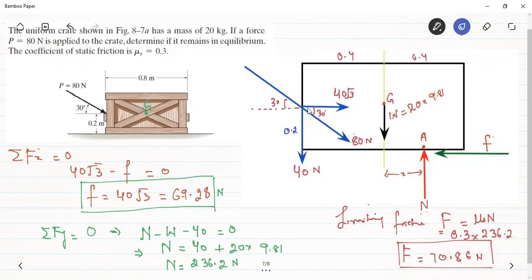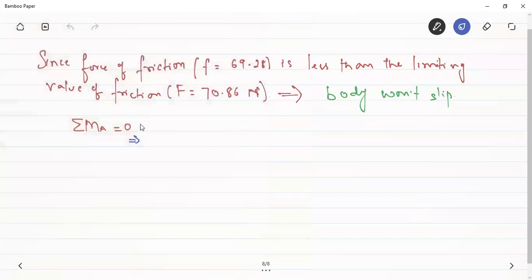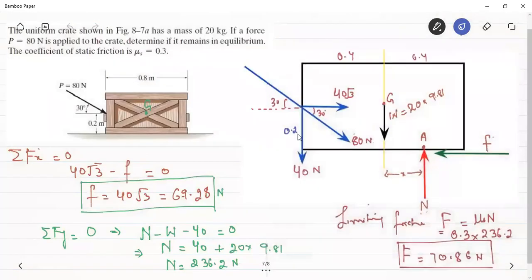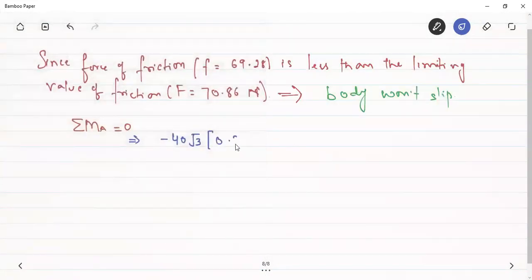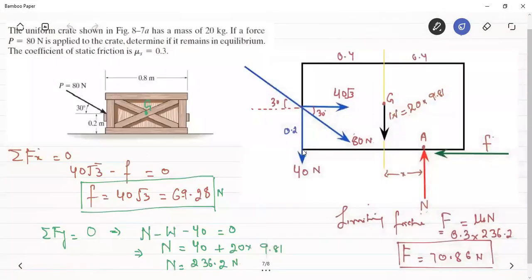So 40 root 3 will cause a clockwise moment about A, and taking clockwise moments to be negative, the magnitude will be 40 root 3. The force arm for this force is equal to 0.2. Another moment will be caused by this 40 Newton force.